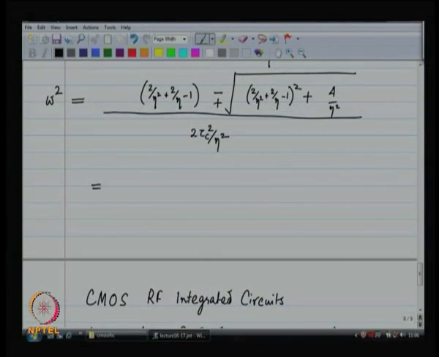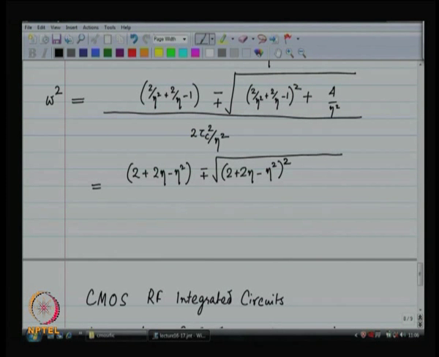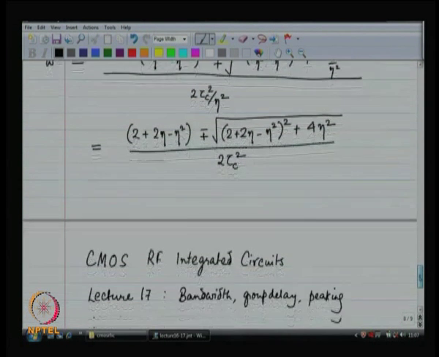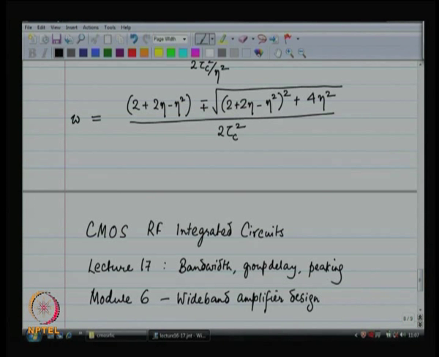I am going to multiply the numerator by eta squared, denominator by eta squared, and that will give me 2 plus 2 eta minus eta squared, minus plus square root of (2 plus 2 eta minus eta squared) whole squared plus 4 eta squared, divided by 2 tau c squared. So, this was the expression for omega squared.